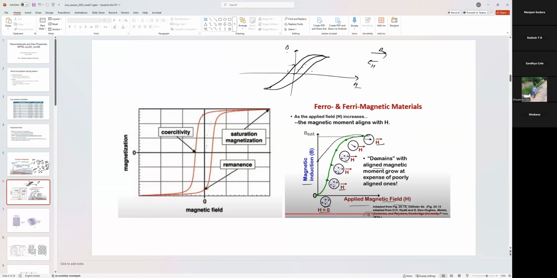There are a few points. This is your saturation magnetization, the maximum magnetization. This point is your coercivity, where you apply the opposite magnetic field and the total magnetic field becomes zero.